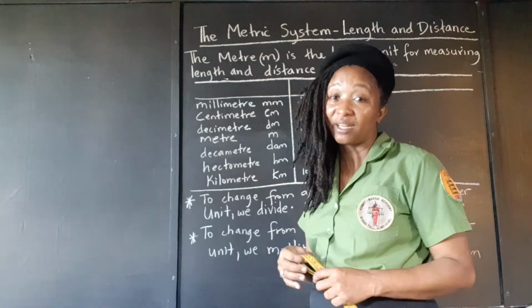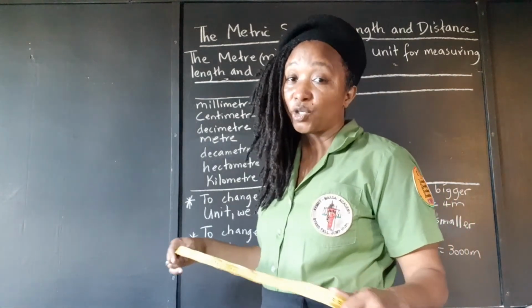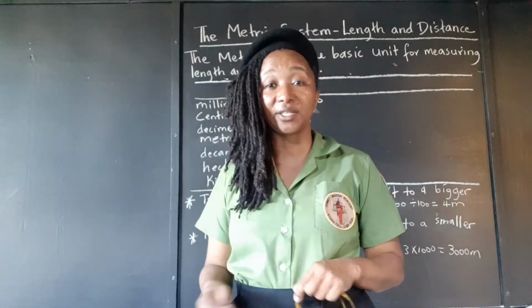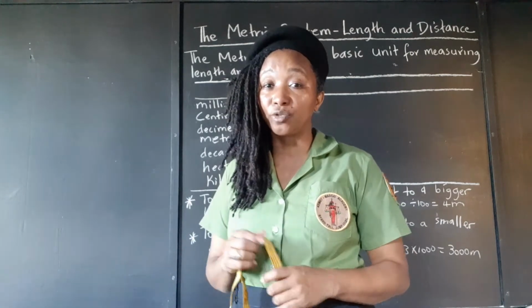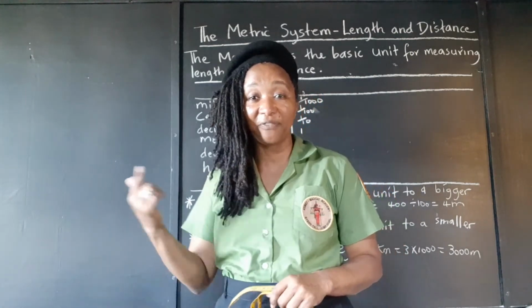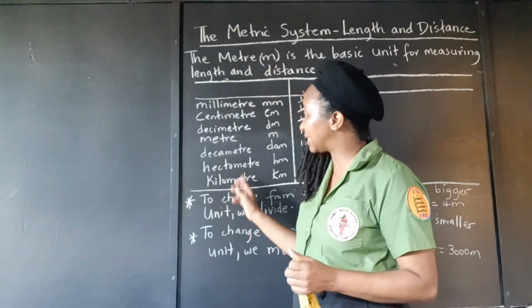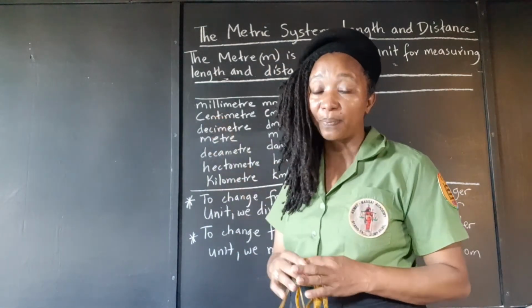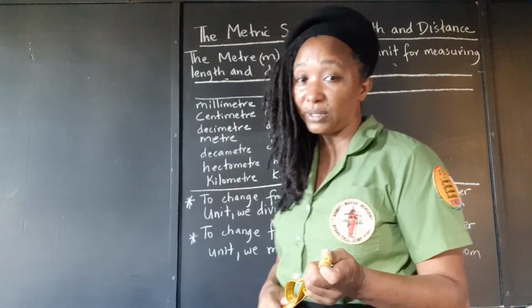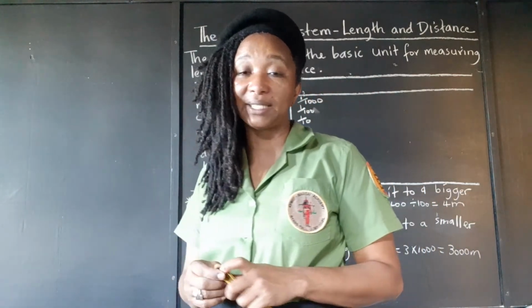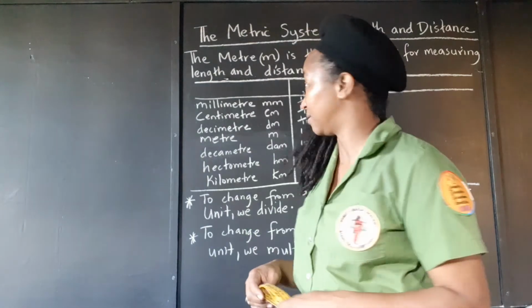That's 100,000. So changing from centimeters to kilometers, you would divide by 100,000. You would move 5 places back. And changing from kilometers to centimeters, you would multiply by 100,000. 100,000 centimeters make a kilometer.